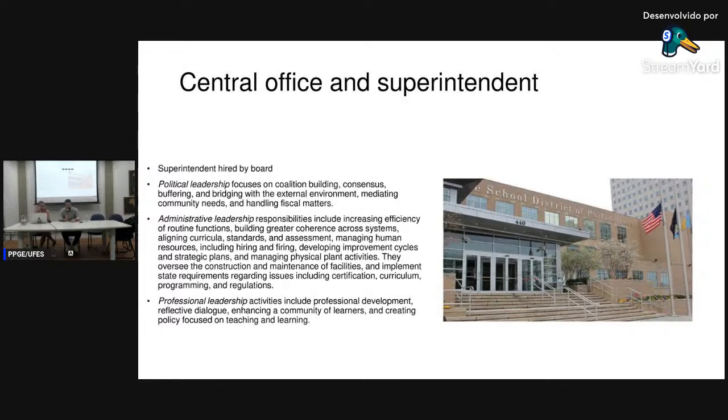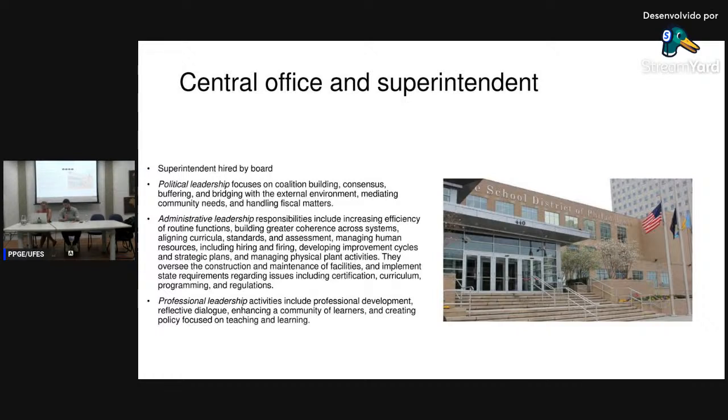Então, empresas de construção, de escolas, empresas de estandardização de currículo e etc. And they also are in charge of professional leadership, such as the ongoing training of teachers. Também ele vai ser o responsável pela formação de professores.